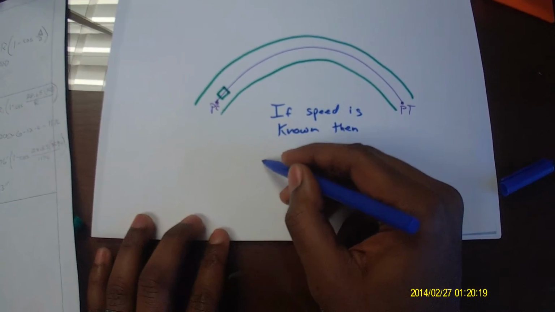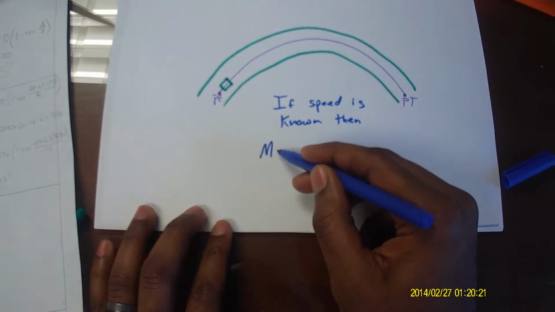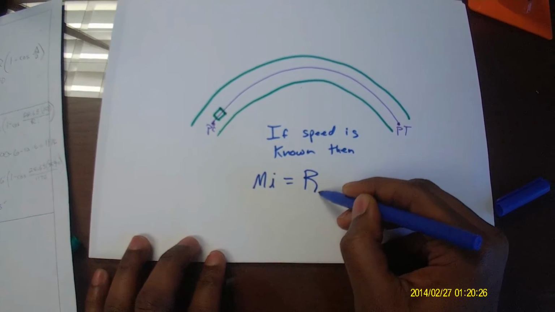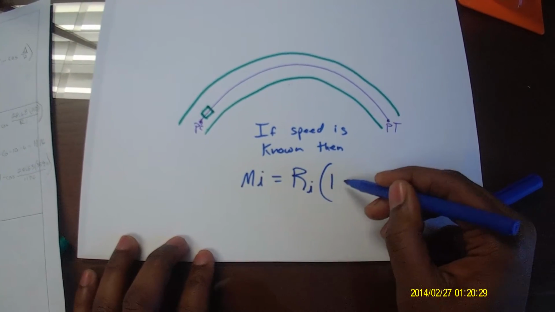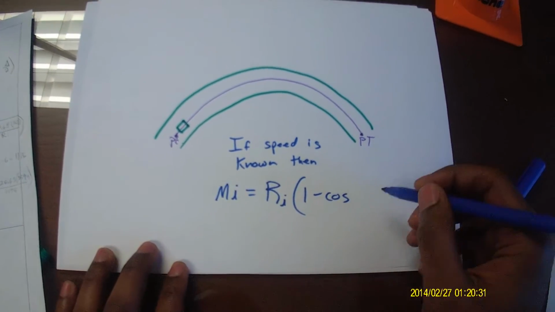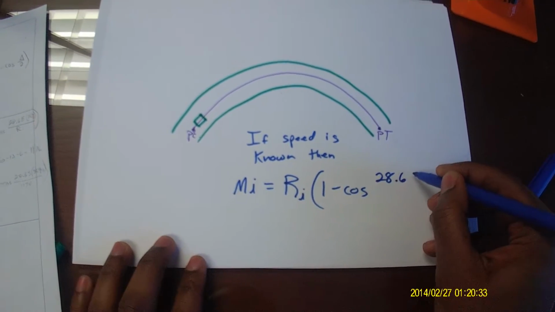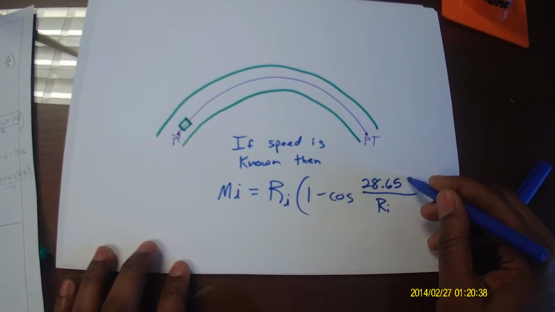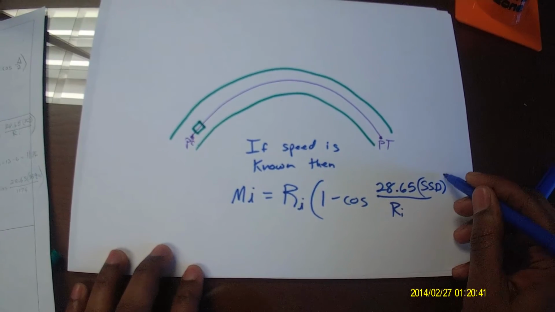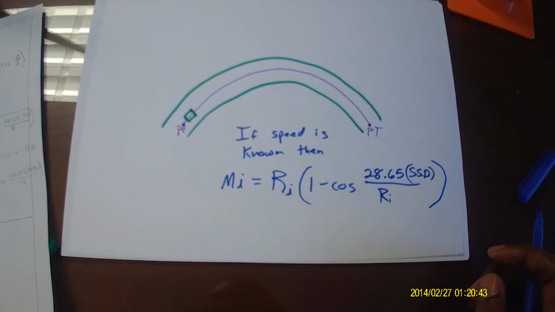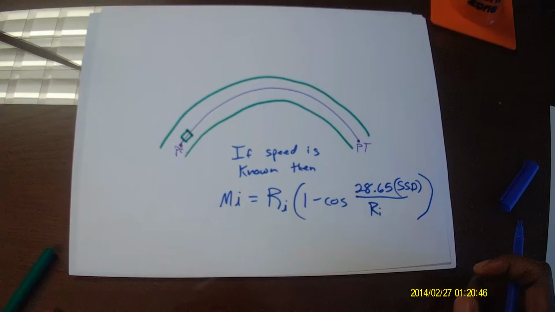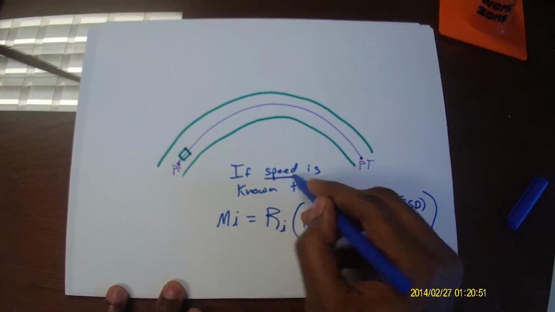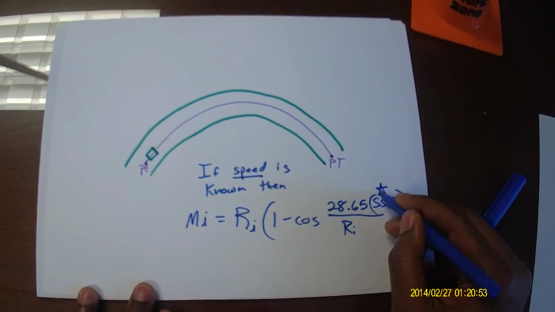The middle ordinate is equal to R sub I times (1 minus cosine of 28.65 divided by R sub I, multiplied by your stopping sight distance). So we have our new middle ordinate that accounts for speed.